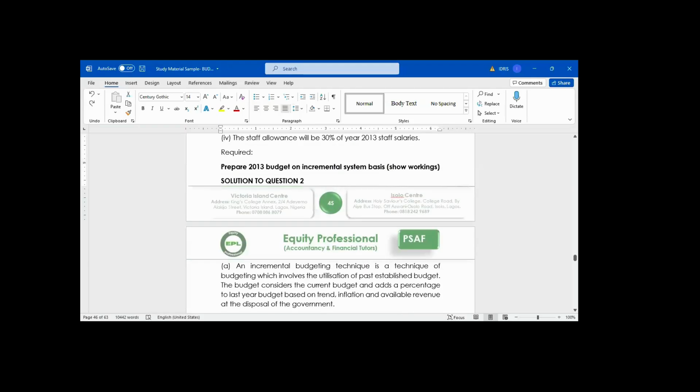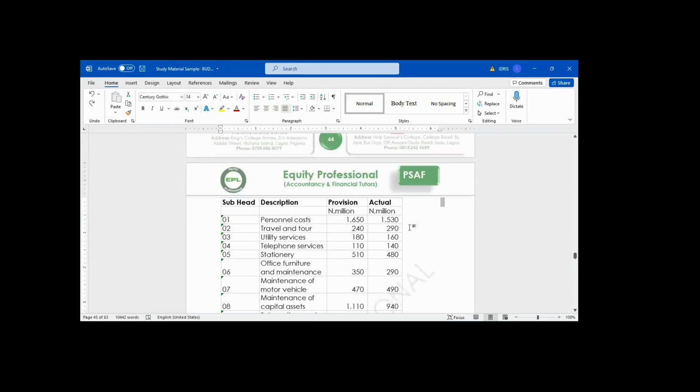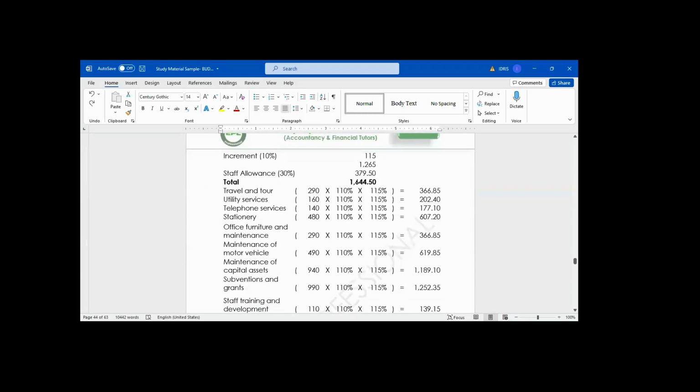Utilities and service. How much do we have in the 2012 budget, actual? We have 160 million. If you go to your working note, 160 times 110 times 115 is still overhead. It's part of overhead.